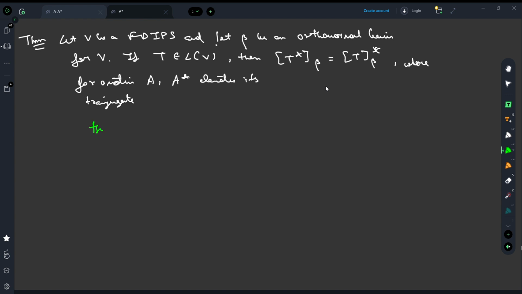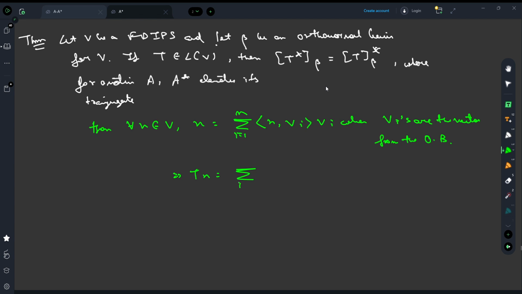If I start with an orthonormal basis for V, then for all x in V, we can write x as the sum over i equals 1 to n of the inner product of x with vi, times vi, where the vi's are the vectors from the orthonormal basis.